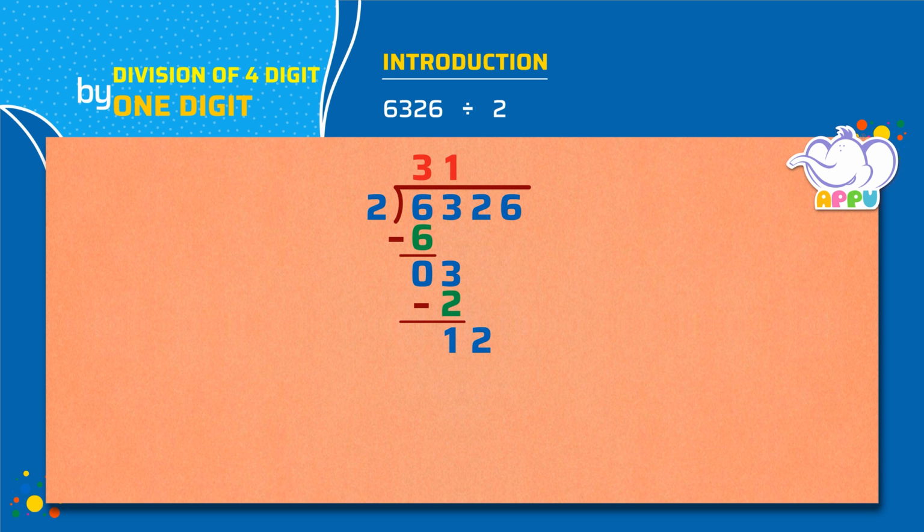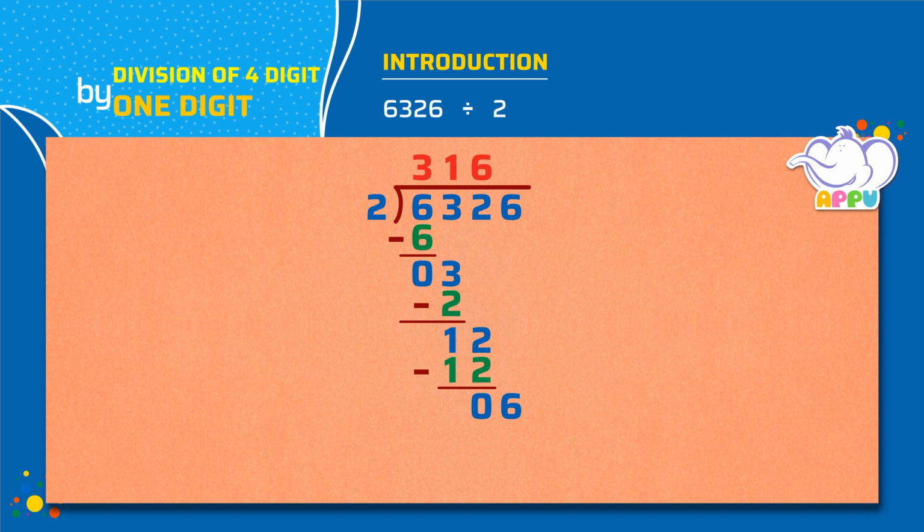We figure out how many 2's does it take to make 12, which is 6. We multiply 2 and 6, we get 12. We subtract 12 from 12, we get 0. Next, we bring down the number in ones place, which is 6. So the number now is 6.